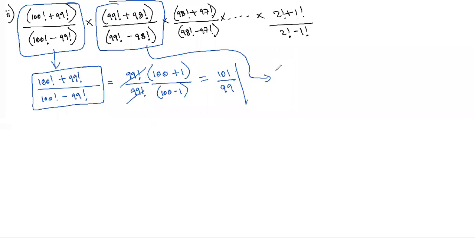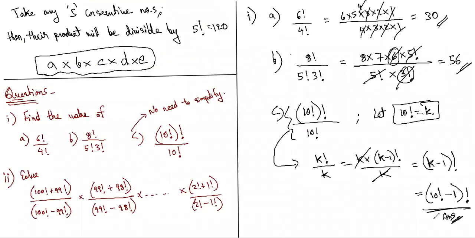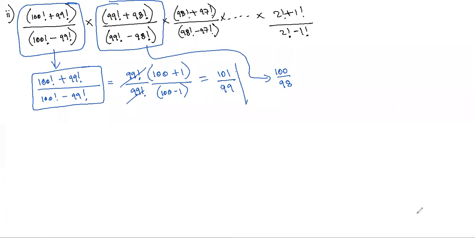Yes, it will be 100 divided by 98. Correct. What will the third term be? 99 by 97.